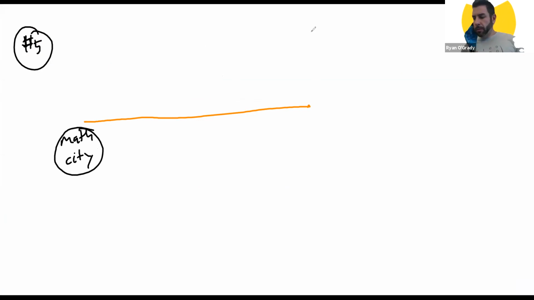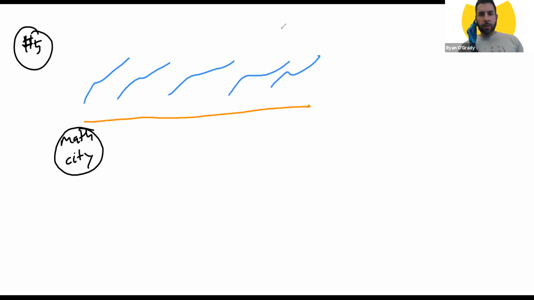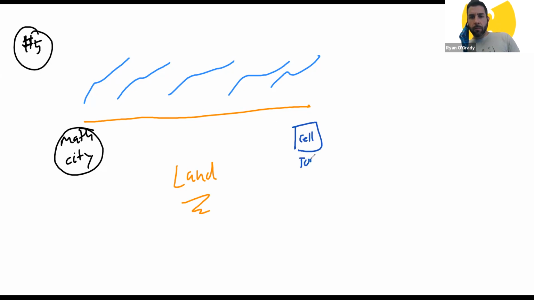So let's color this in. Water. And just for fun, we'll let you know that this is land. And then over here, we have a cell tower. And then somewhere out here, we have an island.